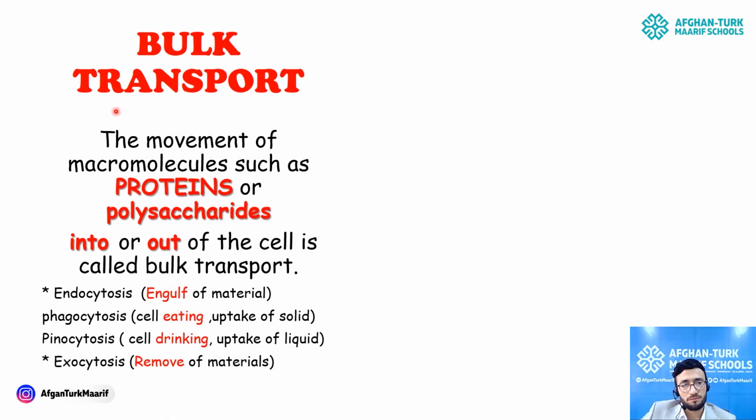And if we want to talk about bulk transport, most of the time cells need different types of substances in order to carry out metabolic reactions. So first we should categorize bulk transport as eating, drinking, or engulfing materials, or removing materials.